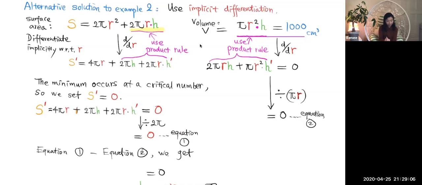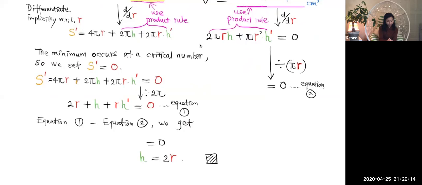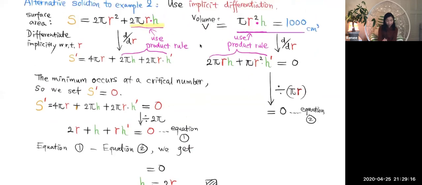And we're going to divide by 2 pi on both sides. So we end up with this equation, okay? Now for this equation over here, we also simplify by dividing by pi r on both sides, and then we get this equation right here, okay? Let's call this equation 1, this equation 2.